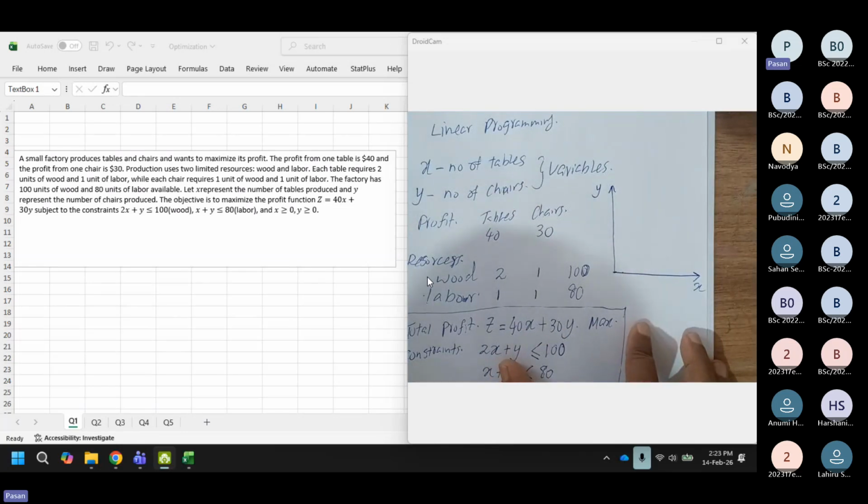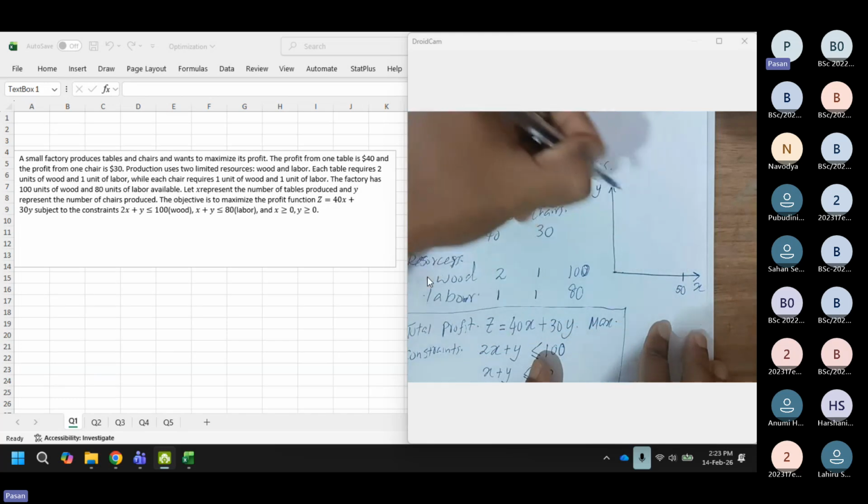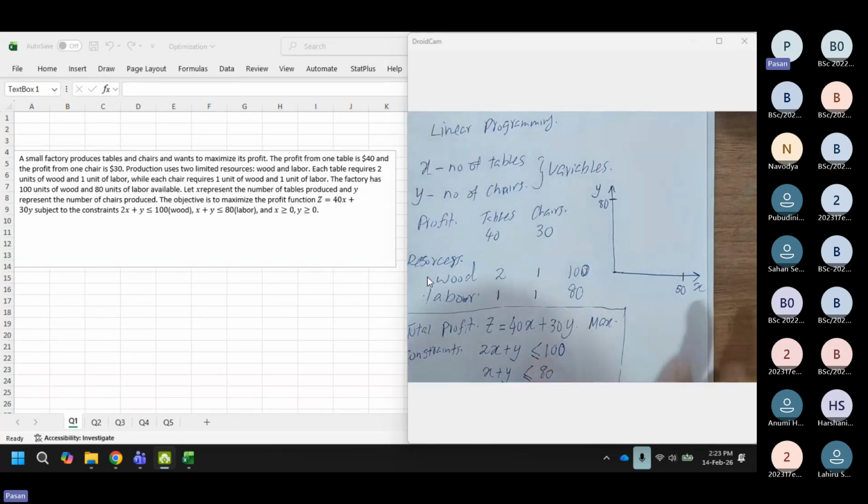So for X and Y, I know that the maximum X can go is up to 50, and Y maximum is 80. So we know that we have those two restrictions there, right? X can go up to 50 here and Y can go up to 80 here.